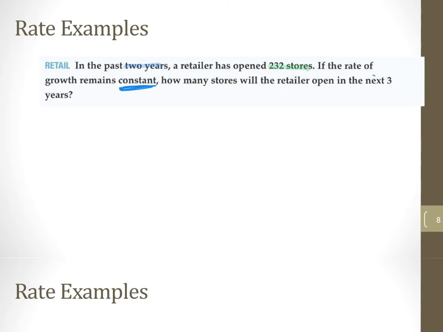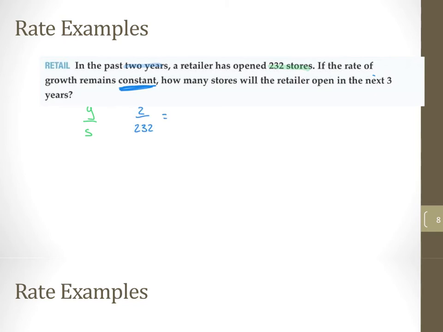I'm going to write my model ratio of years to stores. When you're doing word problems, it's always a good idea to have this kind of model ratio. That way you don't confuse yourself and end up flipping the second ratio. So my first one is going to be 2 years and 232 stores.